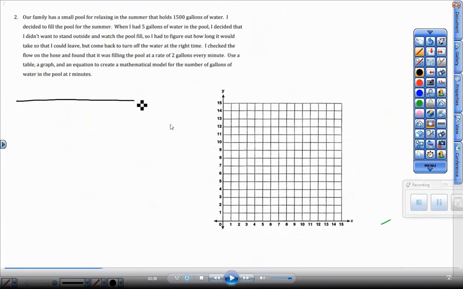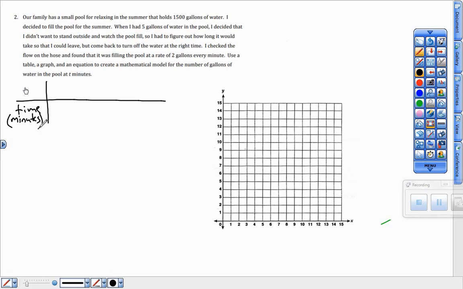All right, next problem down. This one right here is a problem where you're filling a pool with water and you're starting to measure stuff when there's 5 gallons in the pool. So for this one, on the x column, we're going to do time in minutes. We're going to use t for the variable here. And in the y column, it's going to be number of gallons.